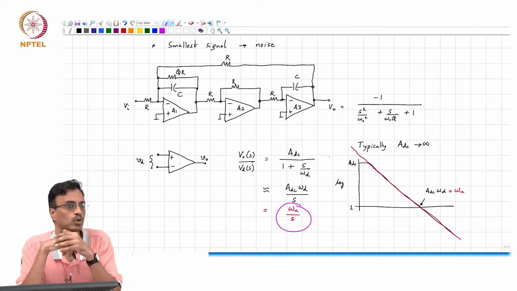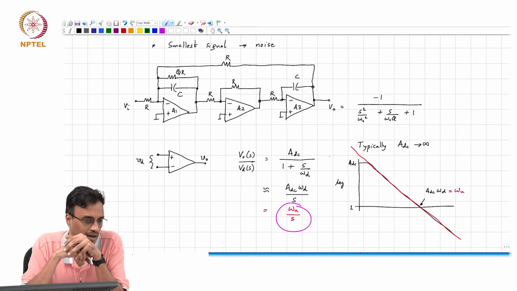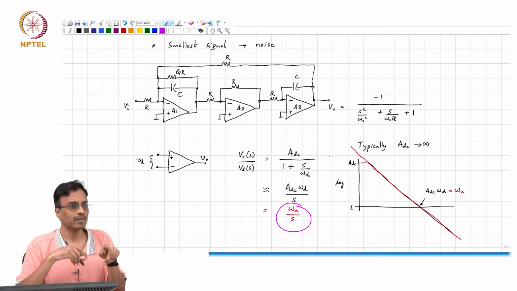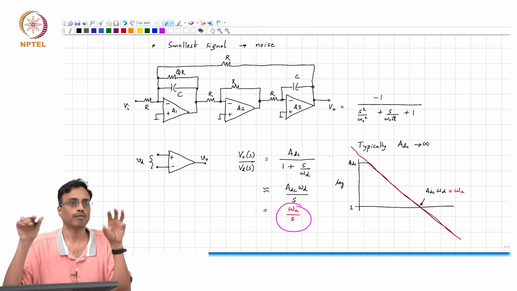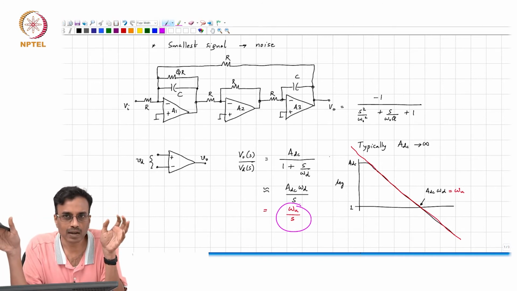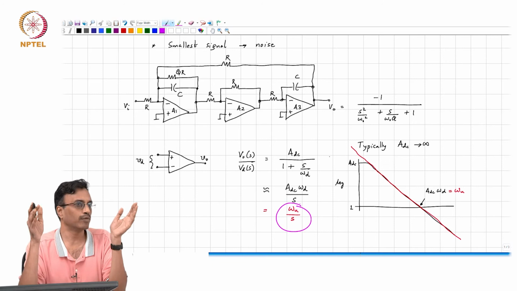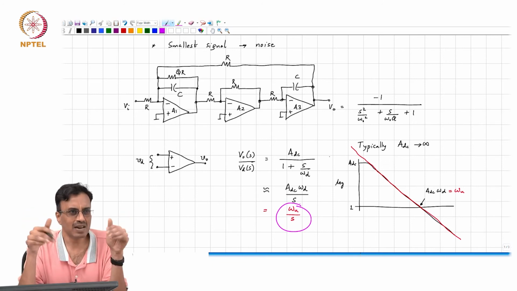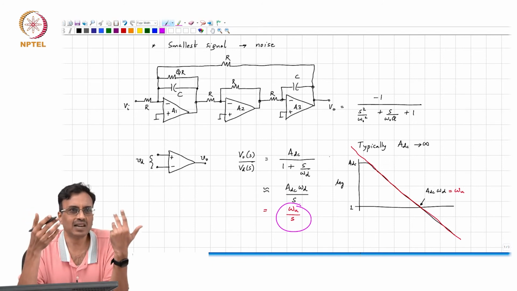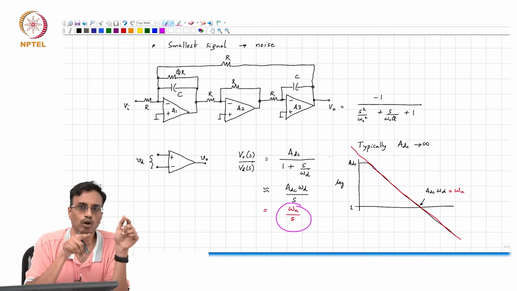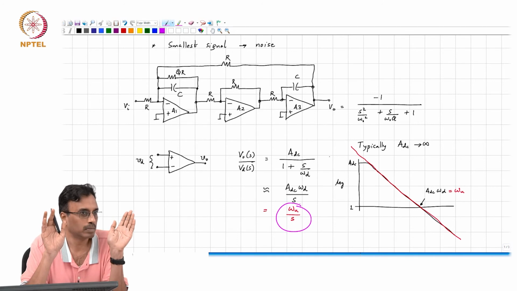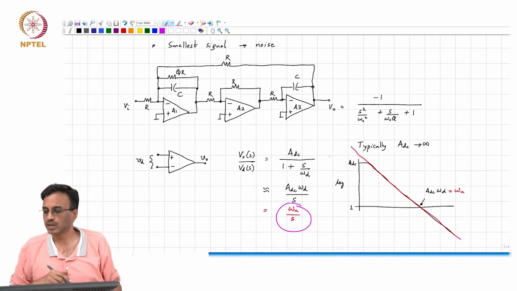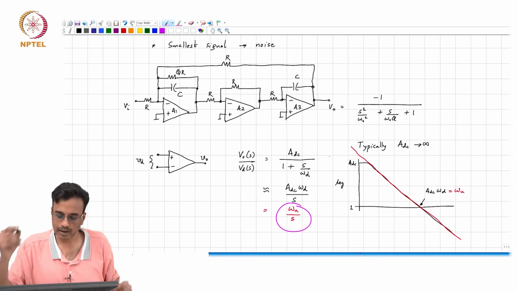But we still do talk about the Q of our filter, assuming that the omega u of the op amps is so high that in the frequency region of interest, the behavior largely looks like second order behavior, in which case you can talk about its Q. You understand? All right. So, that is one thing that I would like to clear.